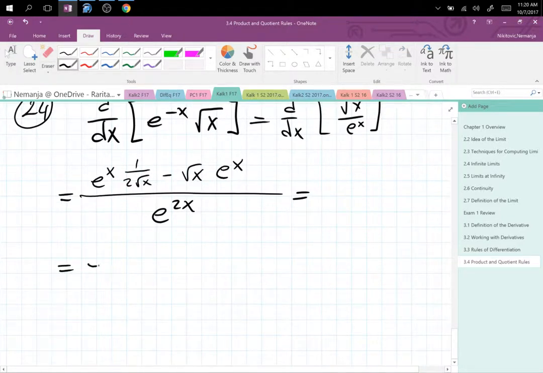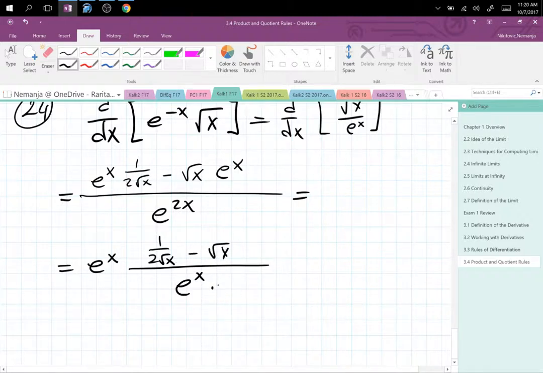We kick out e to the x, and we have 1 over 2 root x minus root x e to the x times e to the x, and one e to the x will cancel. Now we are at this step.